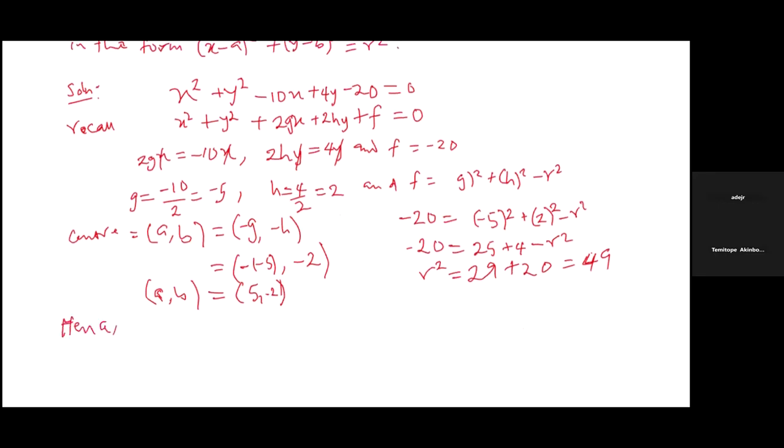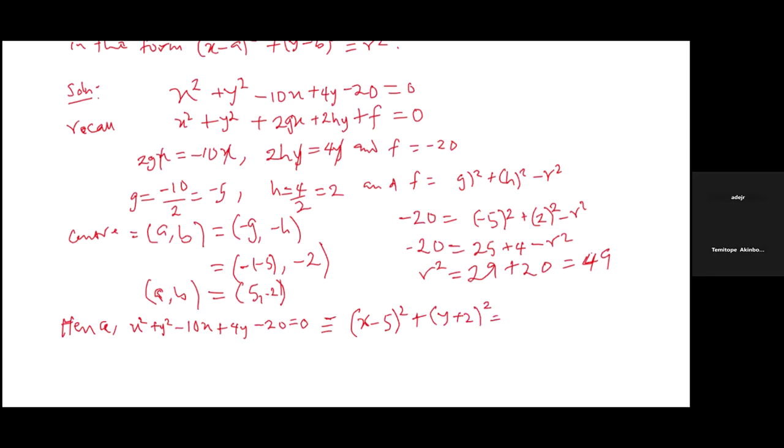Okay. Hence, x squared plus y squared minus 10x plus 4y minus 20 equals 0 will now be equivalent to x minus a, and we've obtained a to be 5, so x minus 5 squared, plus y minus b, and b is minus 2, so this will now be plus 2, squared, equals r squared.